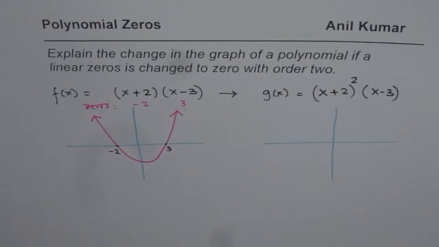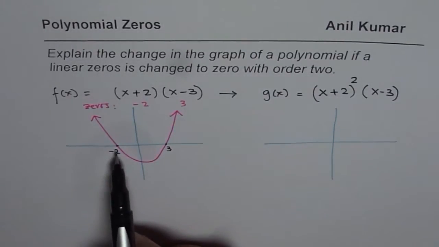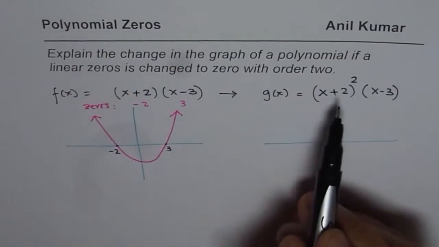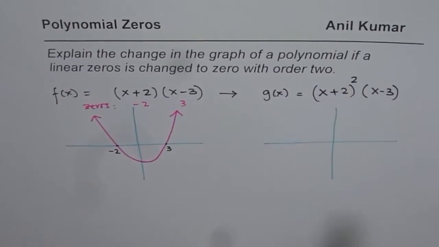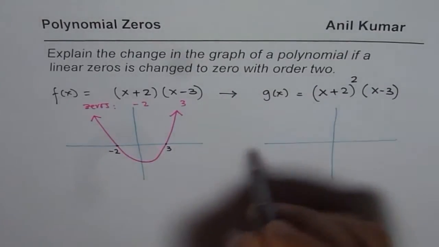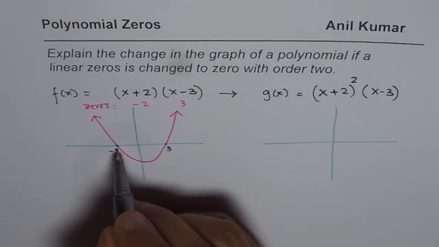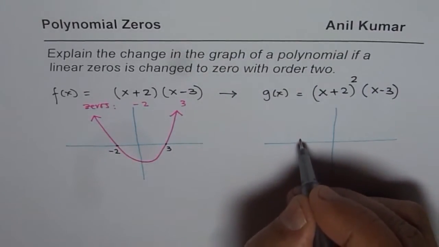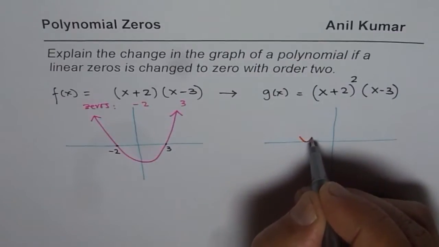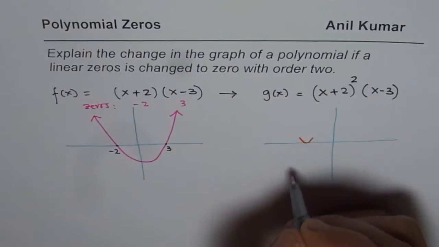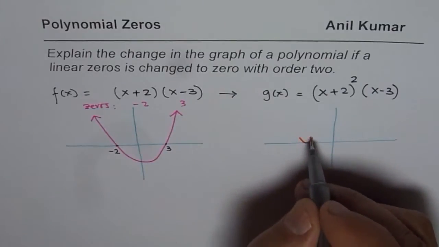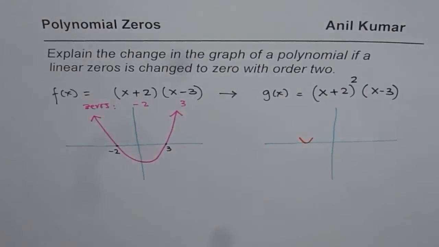Now if I make a change here and make this zero of multiplicity or order 2, then what happens? In that case, at x equals minus 2, the graph is not going to cross, right? At minus 2, the graph is going to reverse. Like a parabola, it will turn. It will bounce back, but it will not cross. You see that?